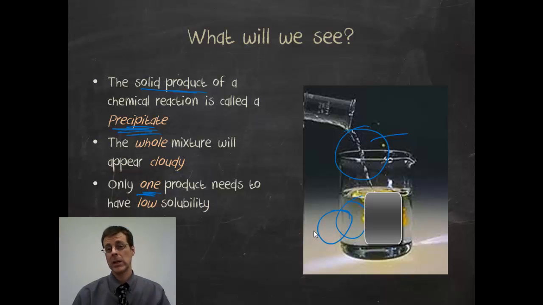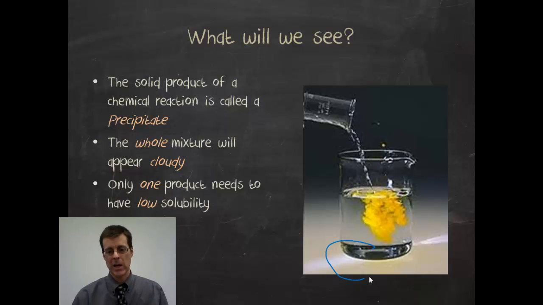So I have a clear colorless liquid being mixed with a clear colorless liquid, and what I get is a precipitate. That's what I'm talking about. It doesn't have to be, and it actually won't be, that both products have low solubility. It's usually going to be one has low solubility.